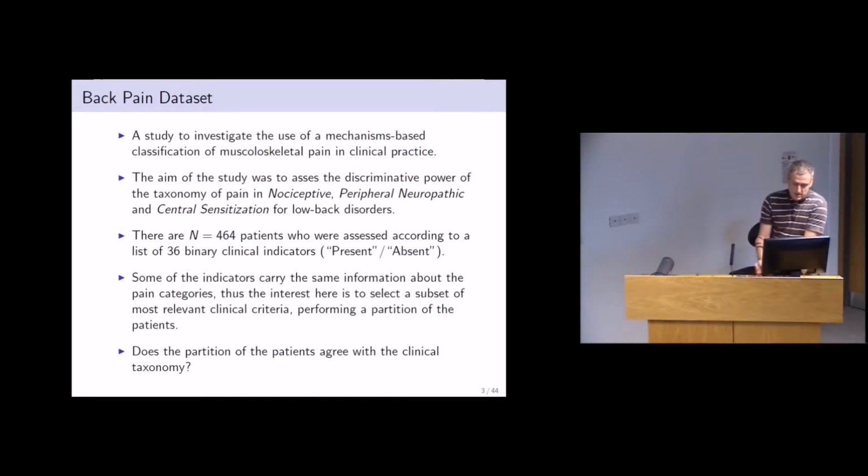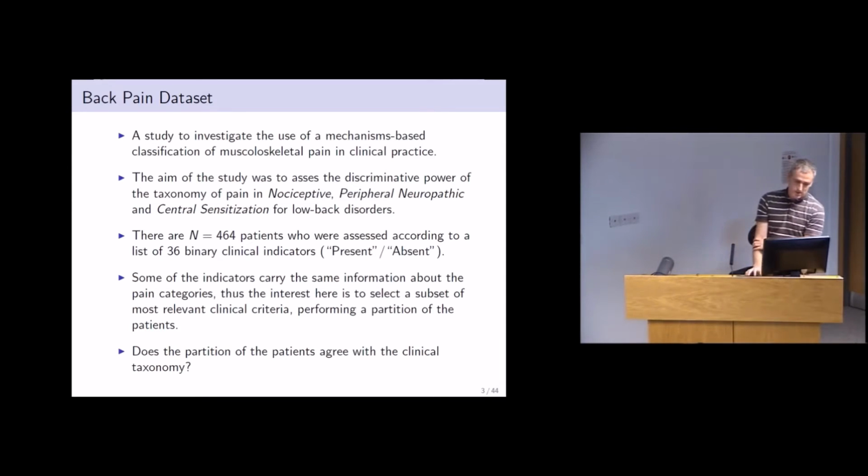One further thing he was interested in was whether we could reduce the checklist of 36 symptoms that the physiotherapists currently use to a much smaller subset and still recover the subgroups in the population. So there's a variable selection aspect here as well. Can we diagnose patients into subgroups using much fewer than 36 symptoms?